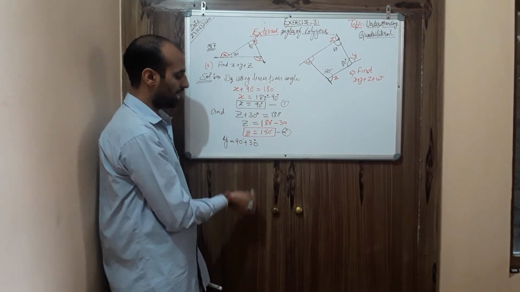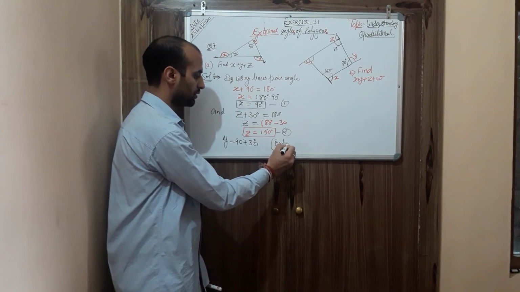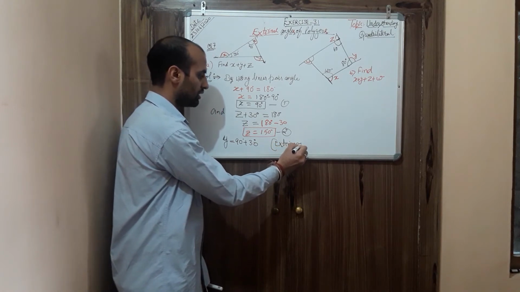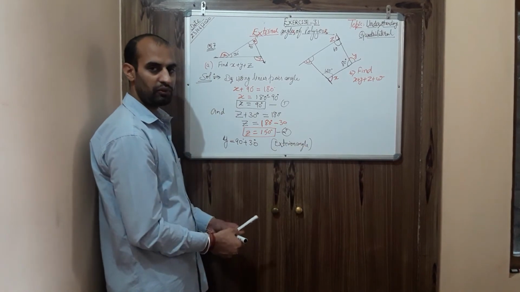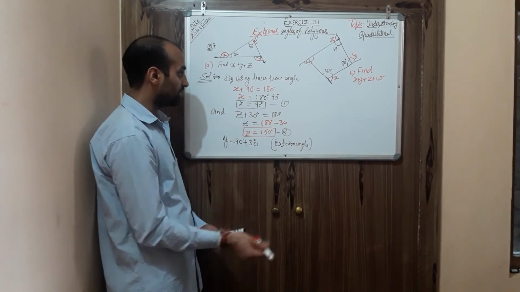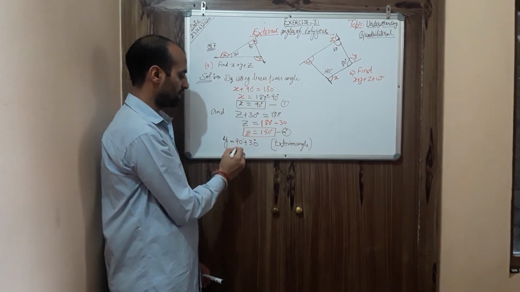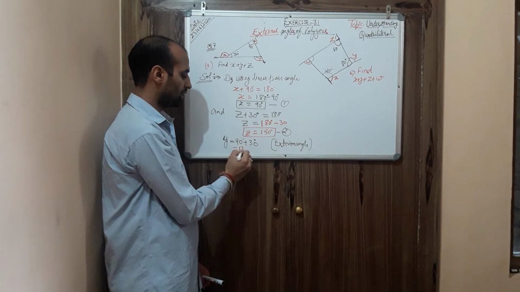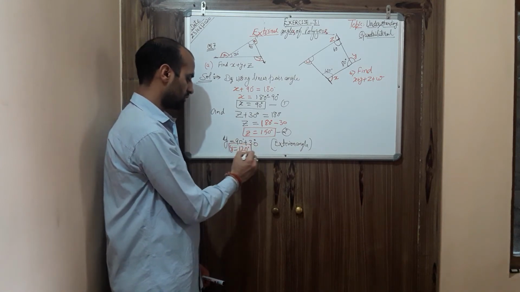By using the exterior angle property, you can easily write that the sum of these two angles must be equal to the outer one. So 90 plus 30 is 120. This is your third angle.